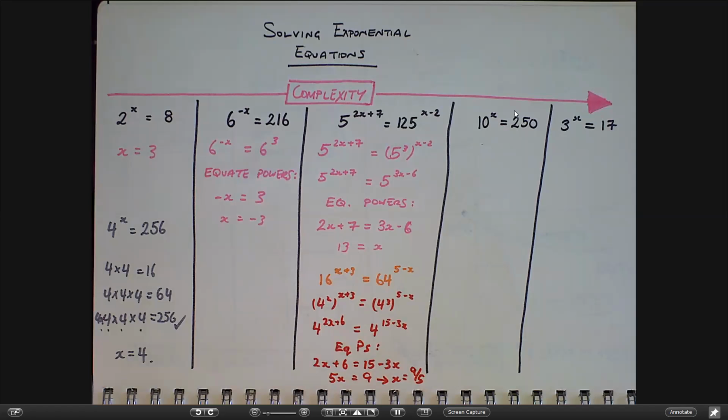The problem is 250. It doesn't matter how you try these things. 250 cannot be written as 10 to the power of anything, and 10 can't be written as something else to the power of something. 10 isn't the same as 3 cubed or anything like that. Nor is 250. So we can't write these two things somehow to the same base.